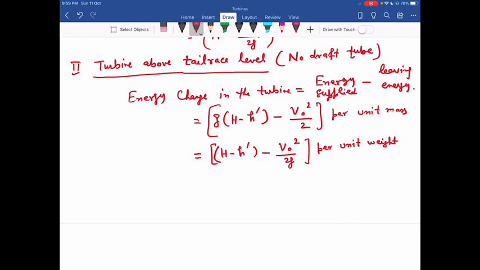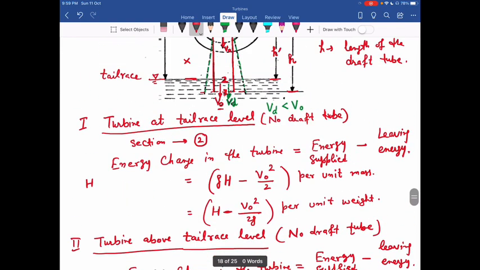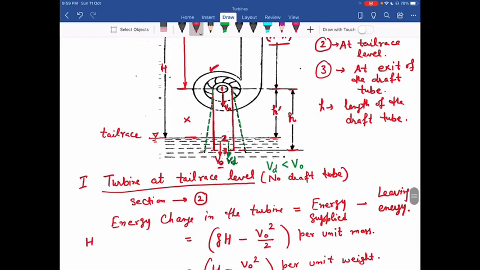So now you can see here the energy change in the turbine is reduced by an amount of h dash. Now this h dash is the height above which we install the turbine at the tail race level, or above the tail race level.